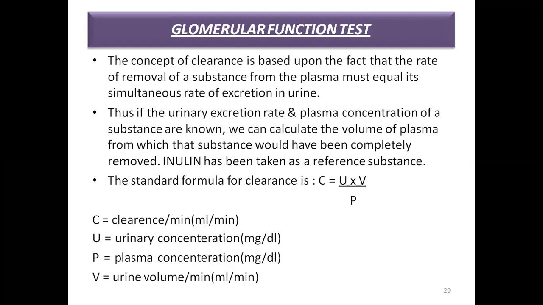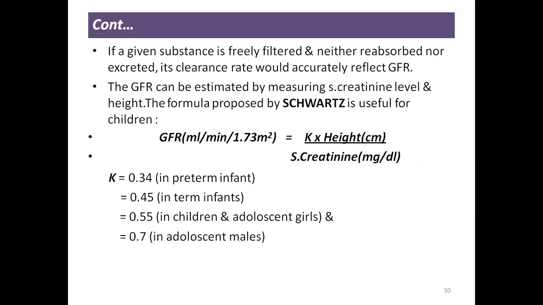So if both urinary and plasma concentration are known, and we can measure the volume of the urine, we will come to know the clearance of a substance. If a given substance is freely filtered and neither reabsorbed nor excreted, its clearance rate would accurately reflect glomerular filtration rate.